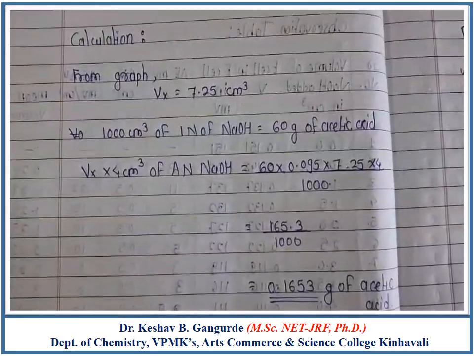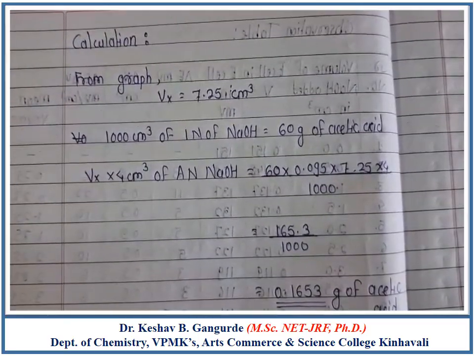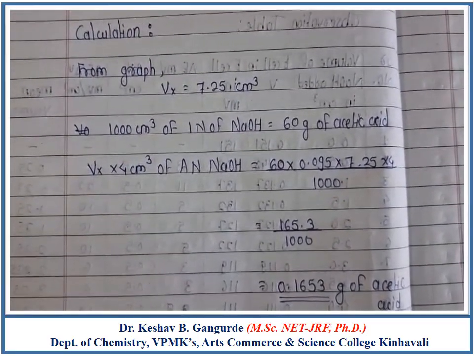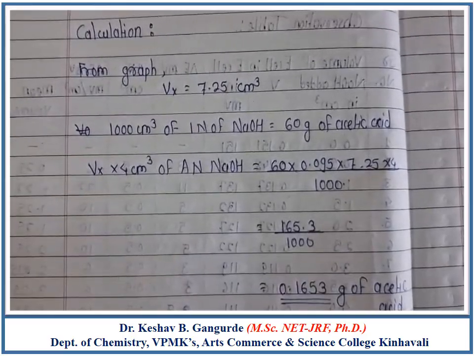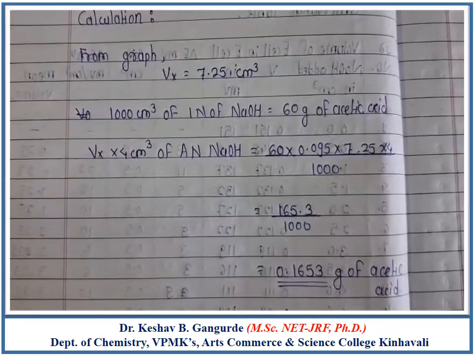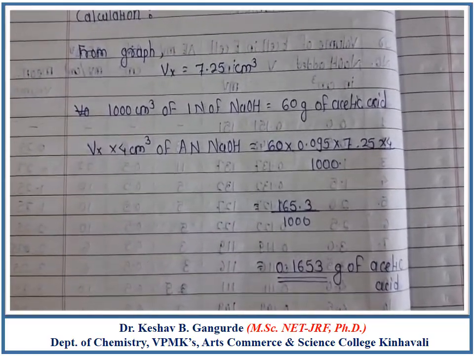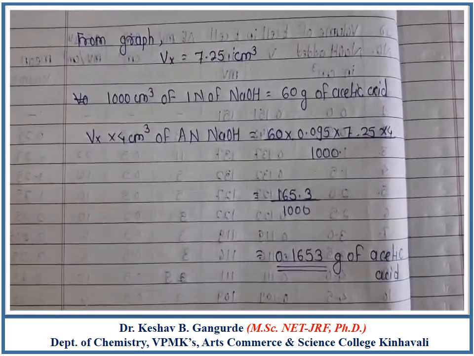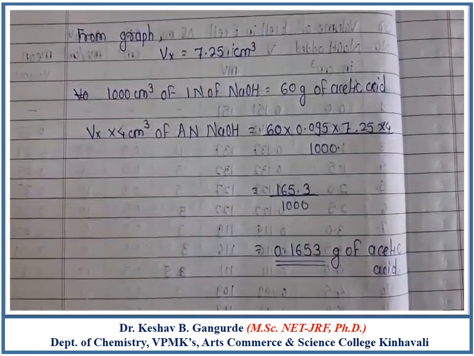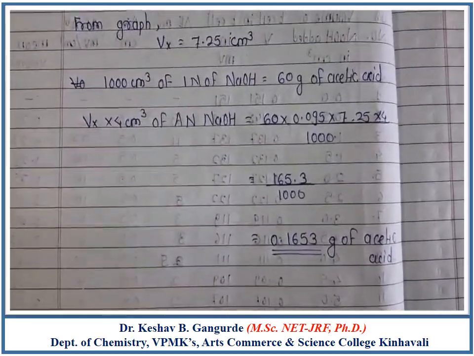From the graph, Vx, that is volume of 0.095 normal NaOH required for neutralization of 25 ml of diluted vinegar solution, is 7.25 centimeter cube. Stoichiometrically, 1000 centimeter cube of 1 normal NaOH is equal to 60 gram of acetic acid, and therefore 4 into Vx centimeter cube of a normal NaOH will require 0.1653 gram of acetic acid.